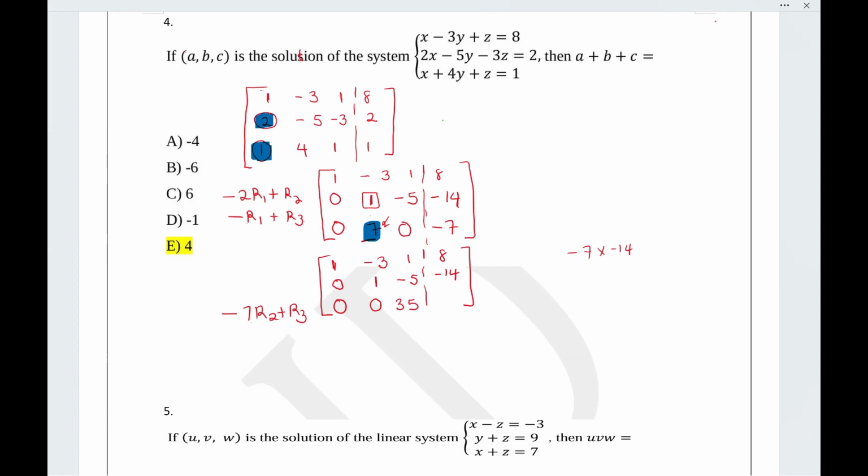Yep, minus 7 times minus 14 is going to be 98. Then you have to remove 7, which should be 91. Okay.